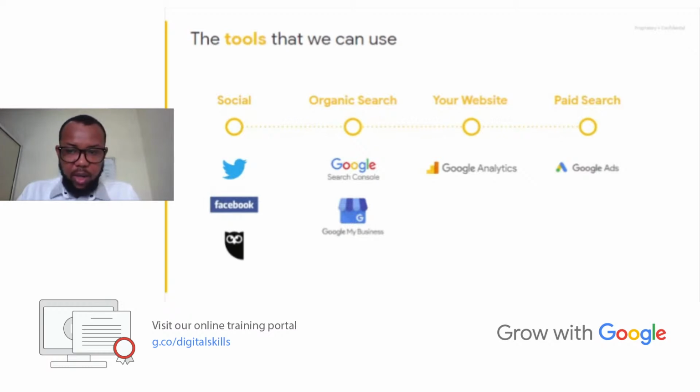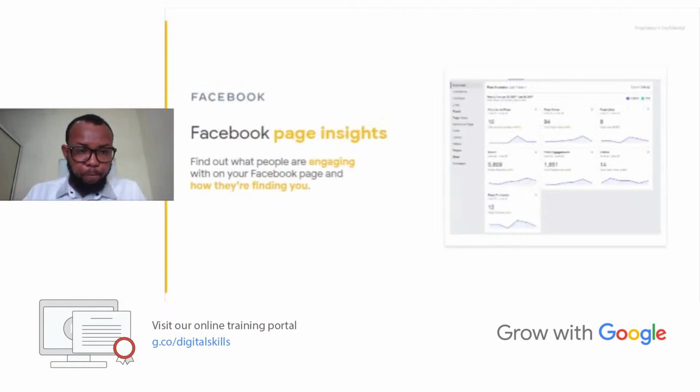We have the social media: Twitter, Facebook, Hootsuite. We have the organic search, where we can use the Search Console and Google My Business. For your websites, you can use Google Analytics to get your data too. And finally, for the paid search, you can make use of Google AdSense.